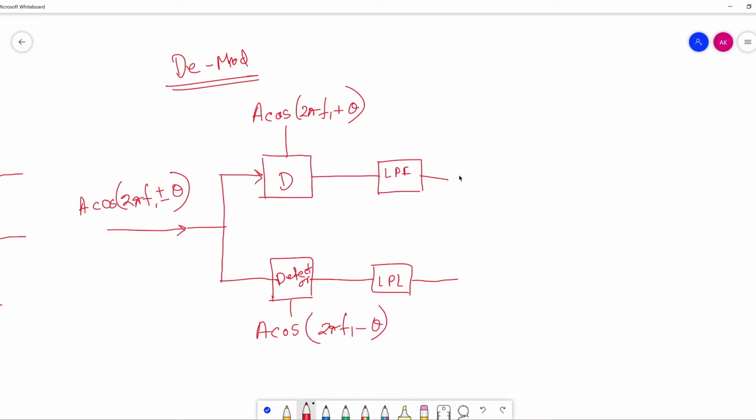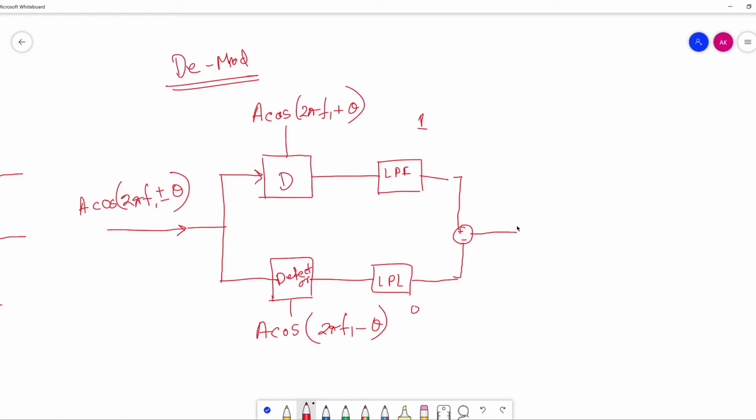Then what we need to do, because this is for 1 and this is for 0, now we have to minus this data from each other. So this signal is for 1 and this signal is for 0, so here will be plus and this will be minus, and we'll get some data over here.